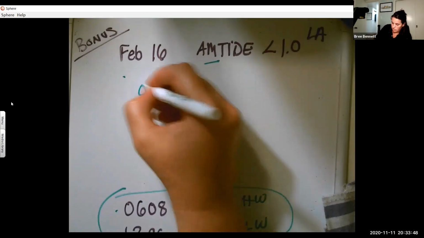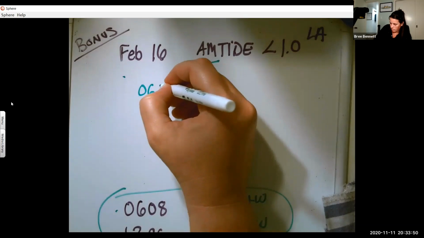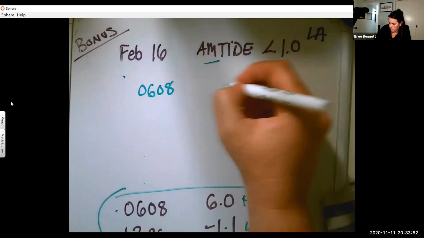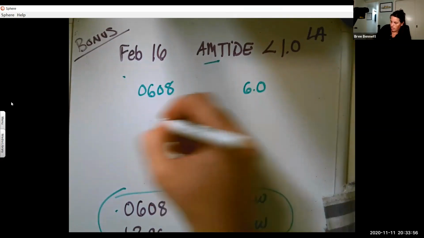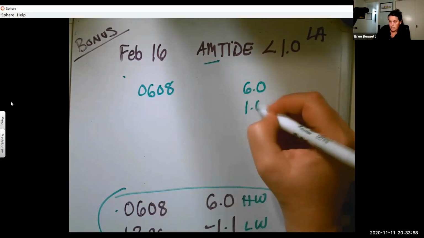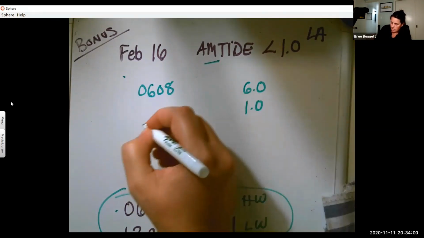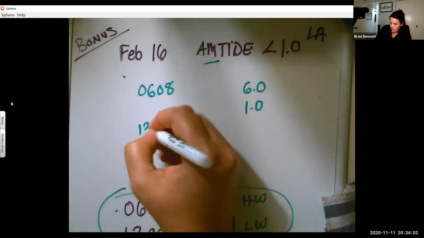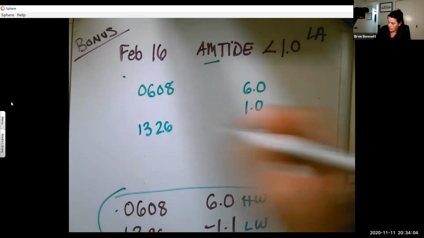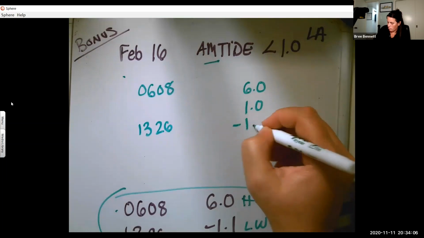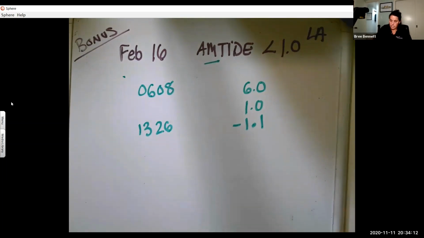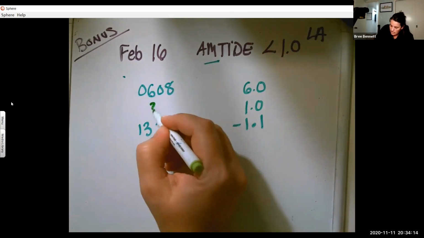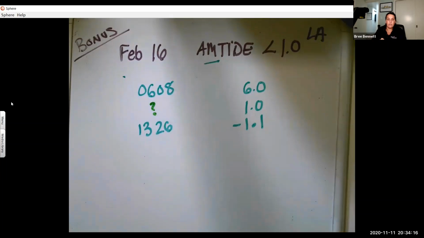And I want 1 tide. That's what I want. And then I have a low tide at 13:26 of negative 1.1. And my question is, what is the time that that 1 foot will be happening?